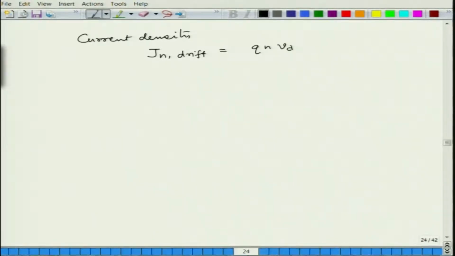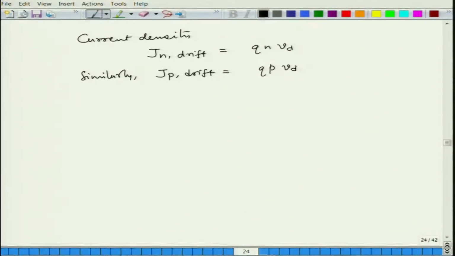Two positives make it negative, two negatives make it positive, and then you have this drift velocity V d. And similarly, for the holes you can find J p drift, that will again be Q p V d. So, p is the number of holes available.